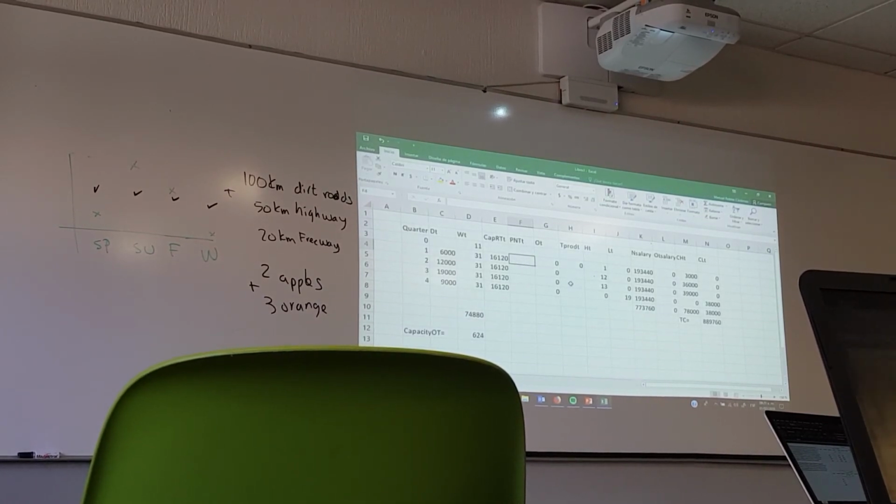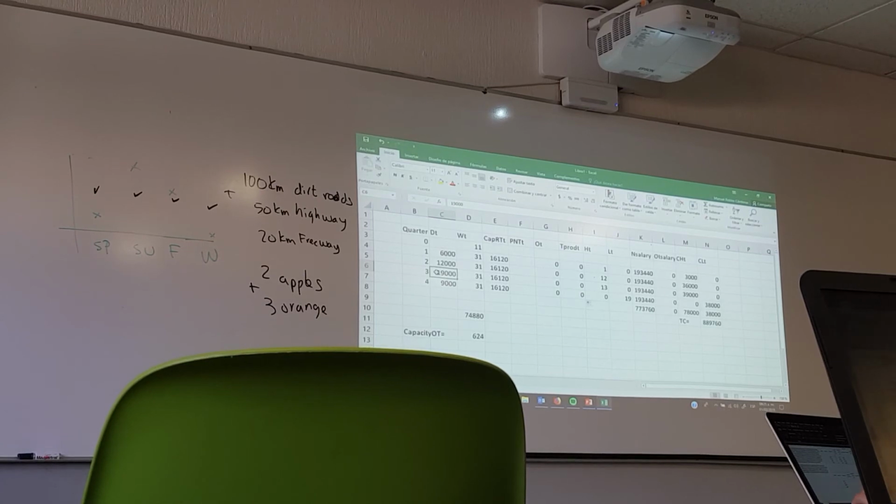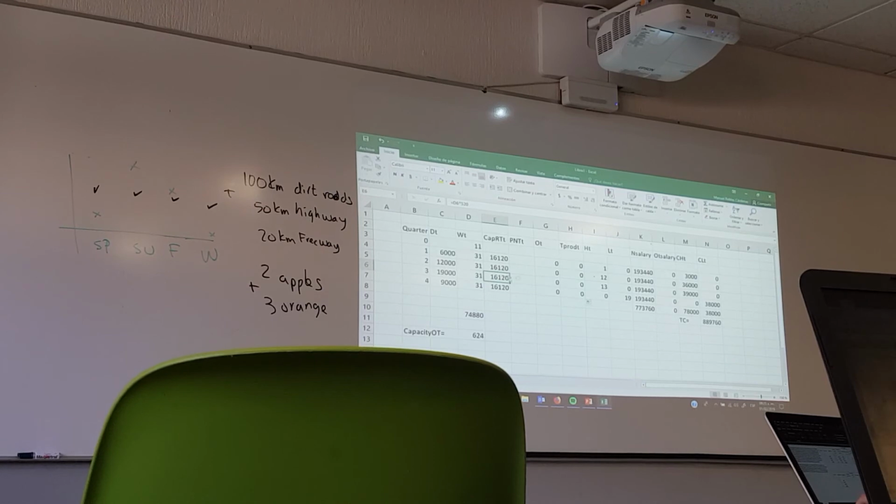Now, in this case, if we have 31 workers, the problem is in period 3, but is it? How many hours can we work in overtime in period 3? This is only regular time, right? So how many hours can we work in overtime?